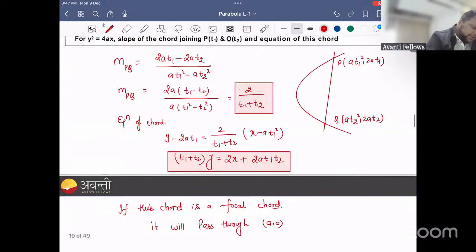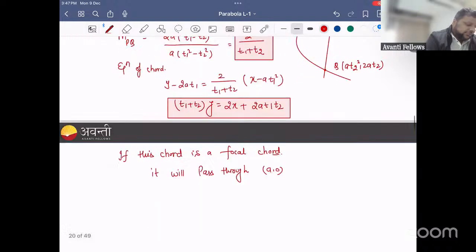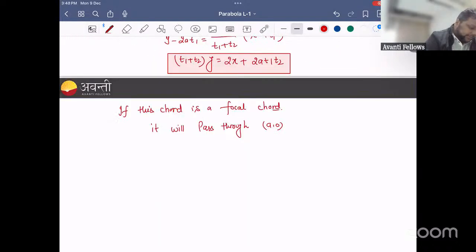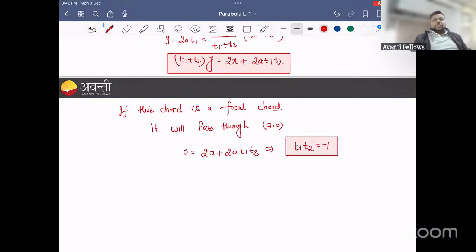So 0 equals 2a plus 2a t1 t2. This implies t1 t2 equals minus 1. So if this chord is a focal chord, t1 t2 equals minus 1. That means if I get to know one end of a focal chord, I automatically get to know the other end of the focal chord.